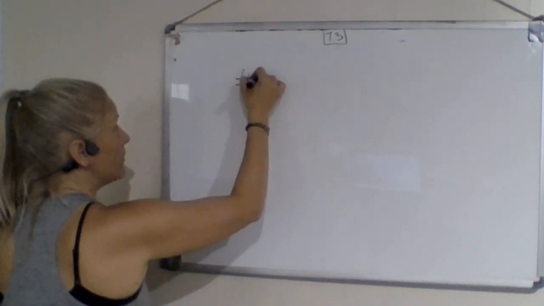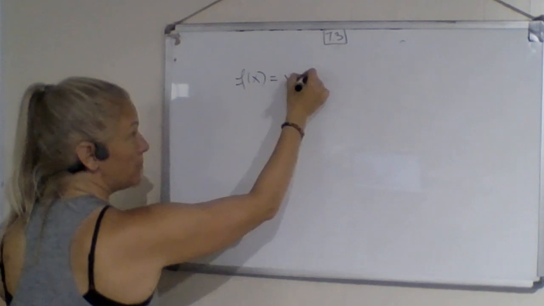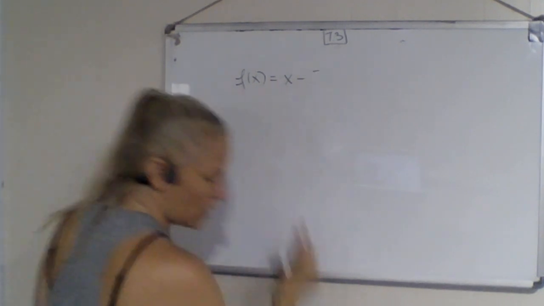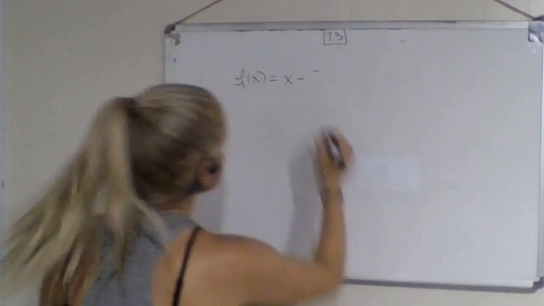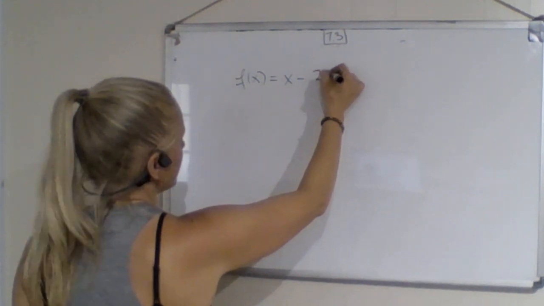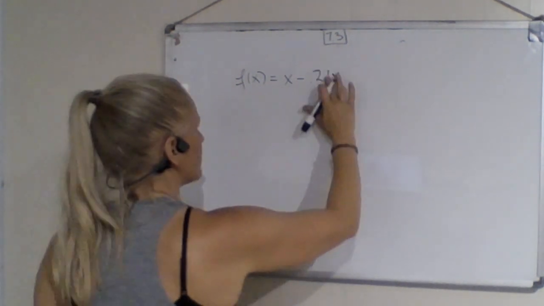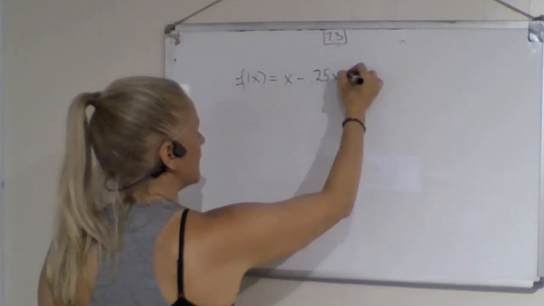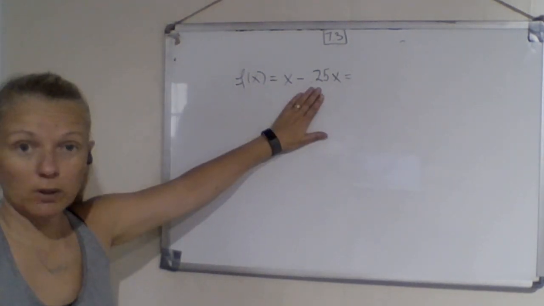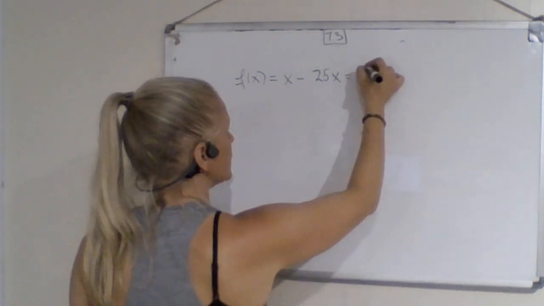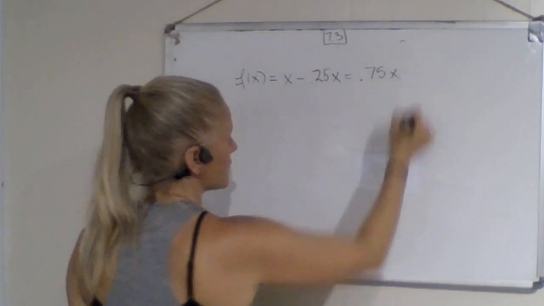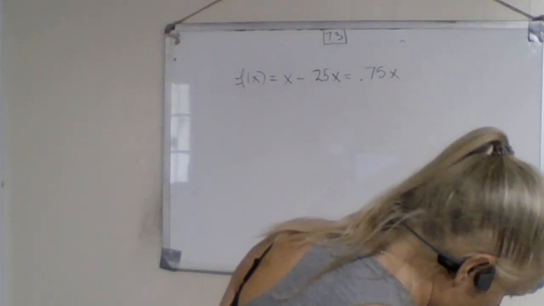My f of x would be whatever that price is, x minus 0.25x. I have a problem writing numbers today, because we're taking off 25%. So really my initial sale is 75% of any price, which represents my initial reduction.